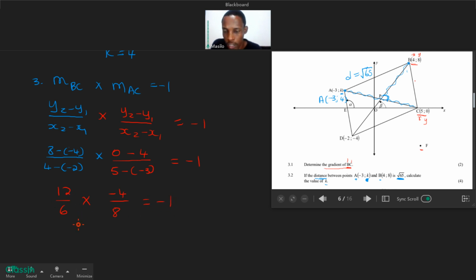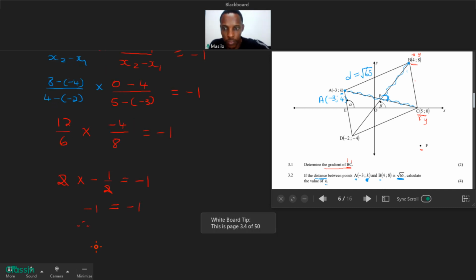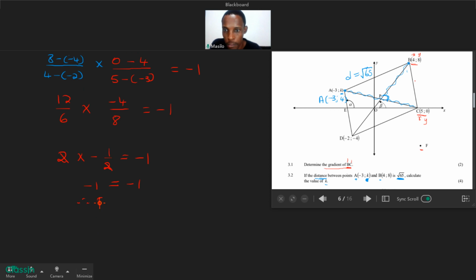So when we calculate this, we can see that 12 over 6 is the same as 2, multiplied by -4 over 8, which is the same as -1 over 2, equals -1. So when we multiply the two numbers, 2 will cancel 2. What is left is -1, the same as -1. Therefore, it means that PB is perpendicular to AC.